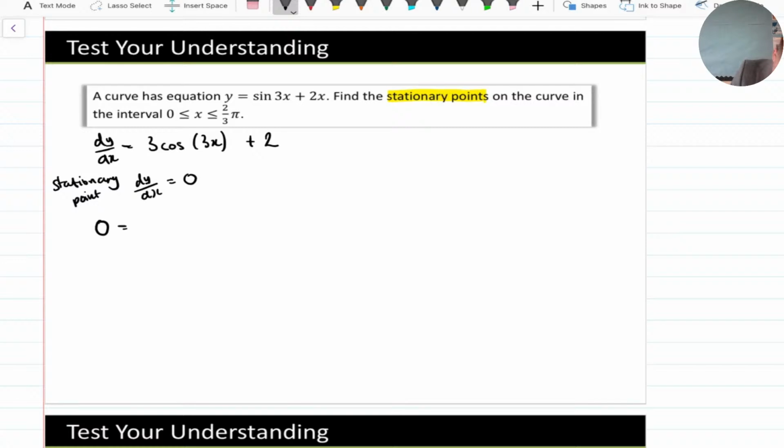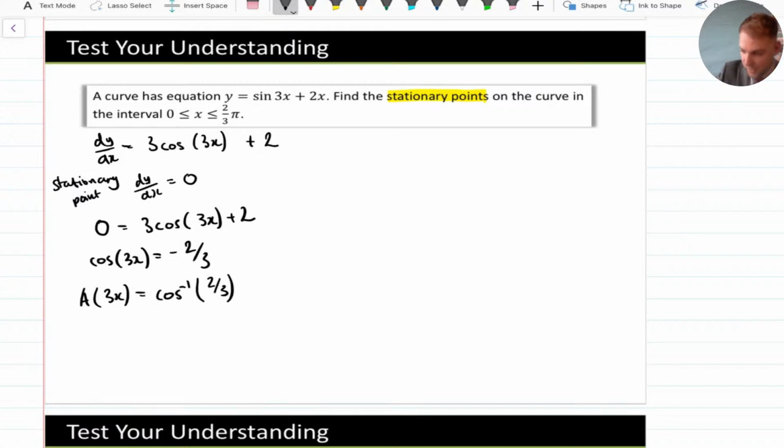So 0 is equal to 3 cos of 3x plus 2. Take the 2 over, divide by the 3, and end up with cos of 3x is equal to minus 2 over 3. Let's find the acute angle. So my acute 3x is equal to cos to the minus 1 of a positive 2 over 3, in radians, don't forget.